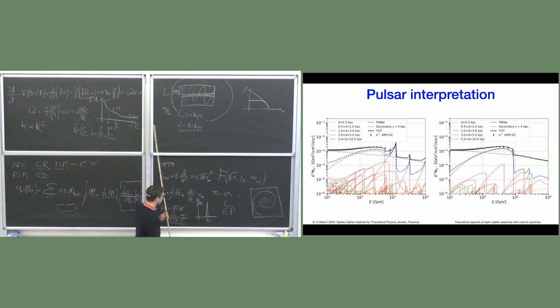One of the key parameters is the efficiency for conversion of pulsar energy into positrons. This is a very important parameter because the efficiency tells us how efficiently pulsars convert energy into positrons.